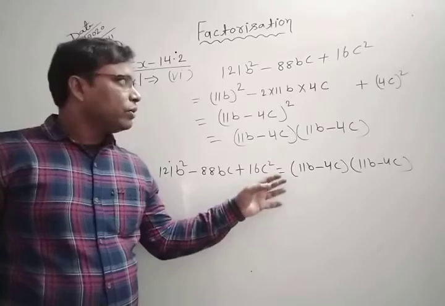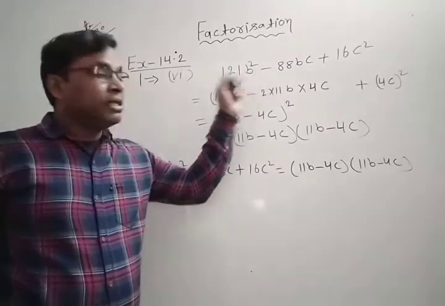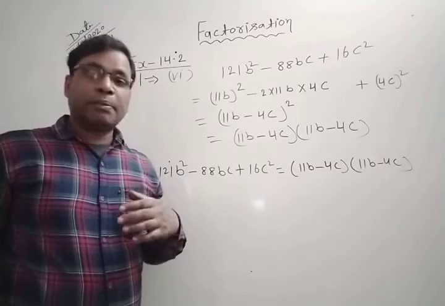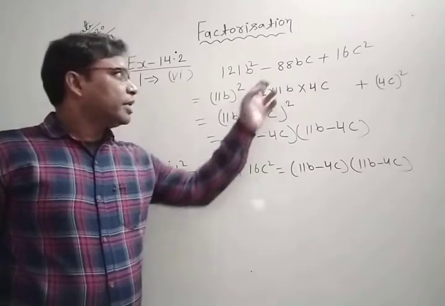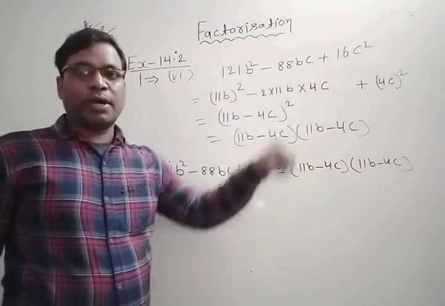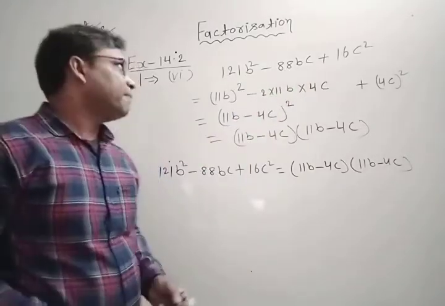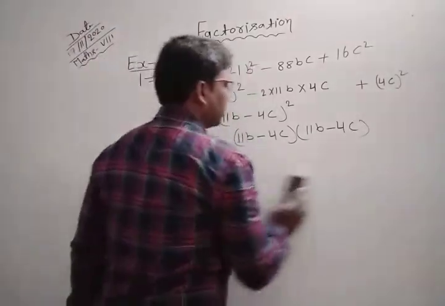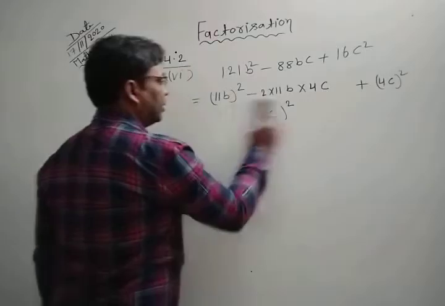Now we are going to find again the factors of the given algebraic expression without taking help of any identities. You can split the middle term into two equal parts, and after this you find the factors of the expression. So let's see how to find the factors without the help of any identities.